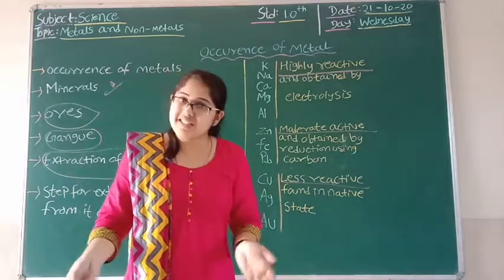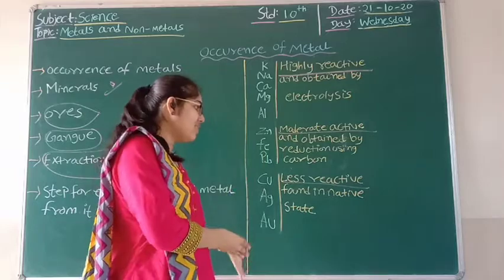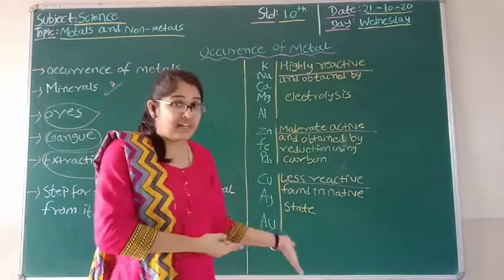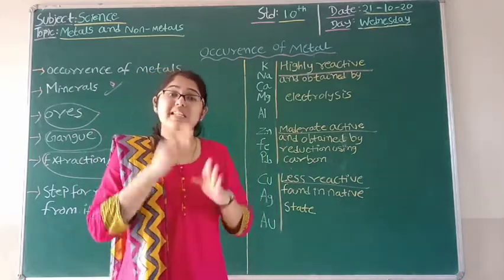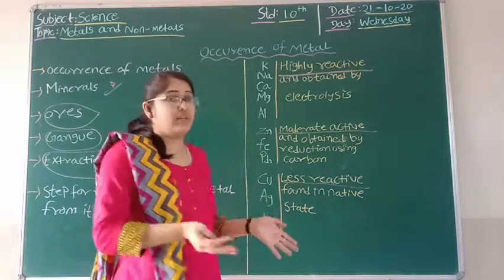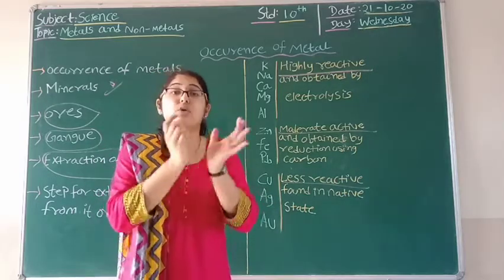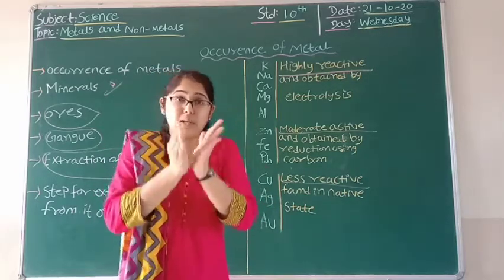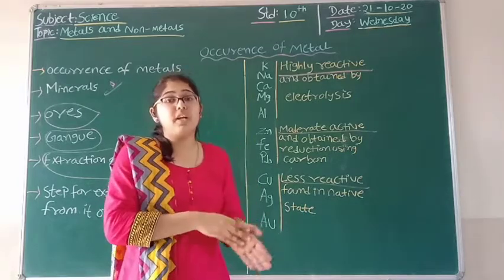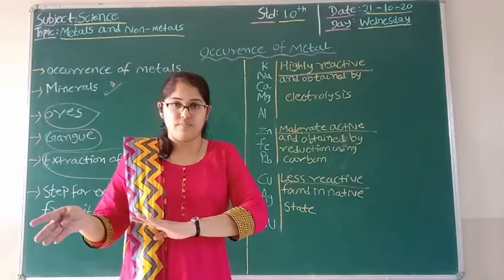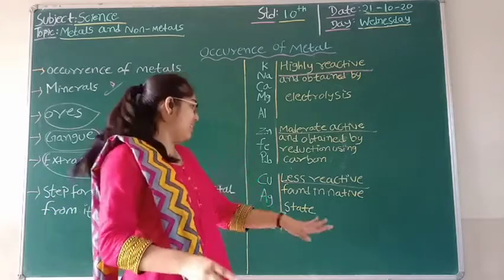These are found in free state in nature. They are less reactive compared to the other metals. Moreover, these metals are also found in combined form. As we talk about gold and silver, they are found in combined form in carbonate or sulfide form. Okay, this is all about the less reactive.